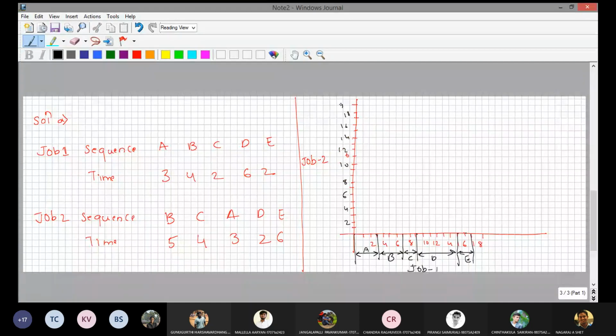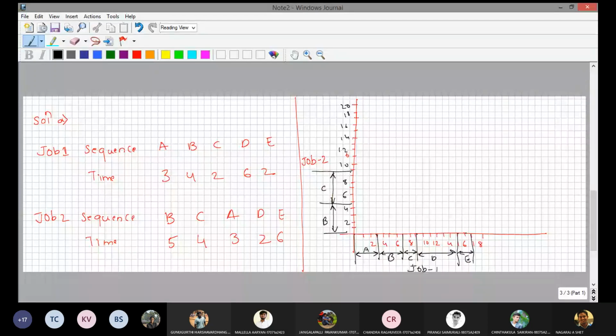Now 1, 2, 3, 4 and 5. 5 is the first point. Please write down B. What is C going to take? 1, 2, 3, 4 and 5. This is C here.